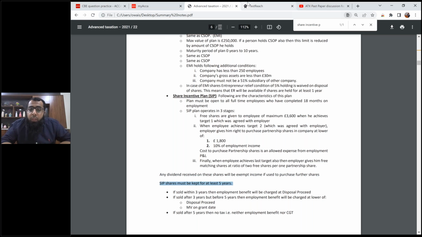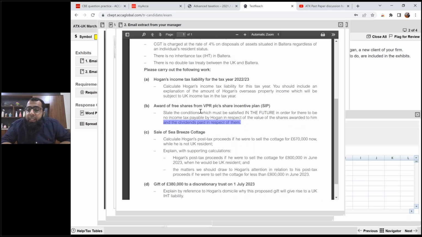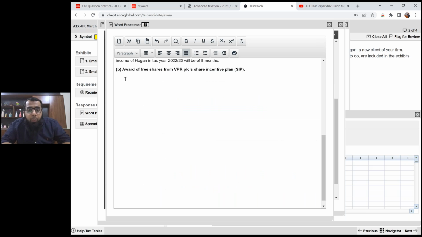Okay, so state the conditions which need to be satisfied in the future in order for no income tax to be payable on the shares. So what are the conditions? I will just copy it from the question.